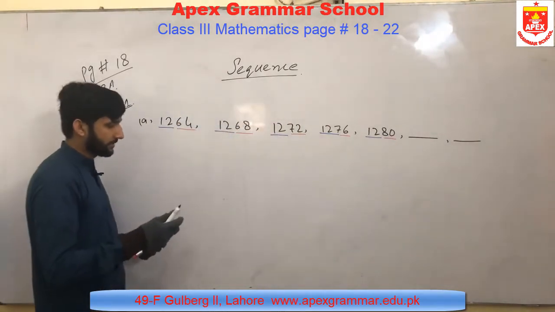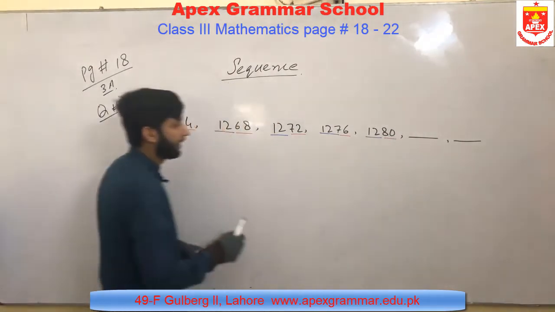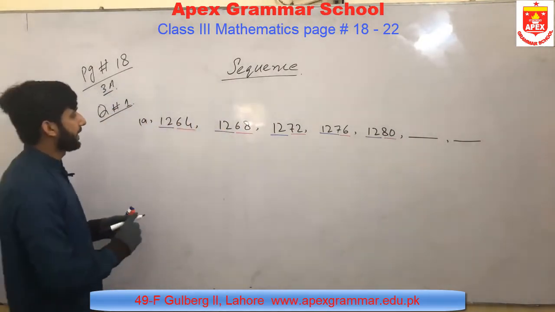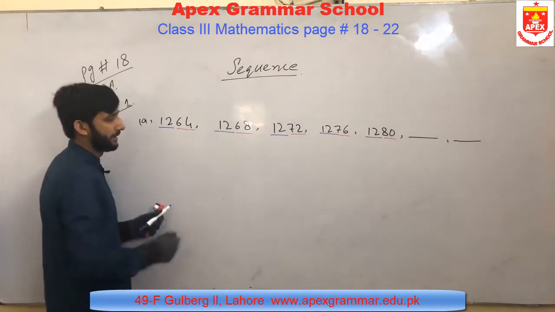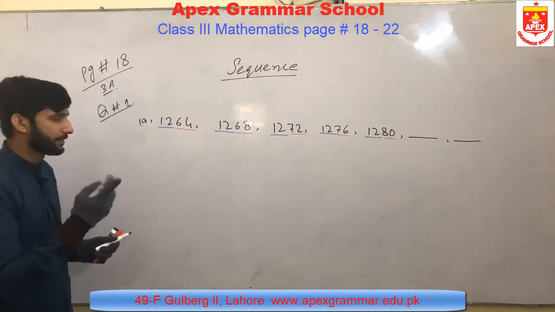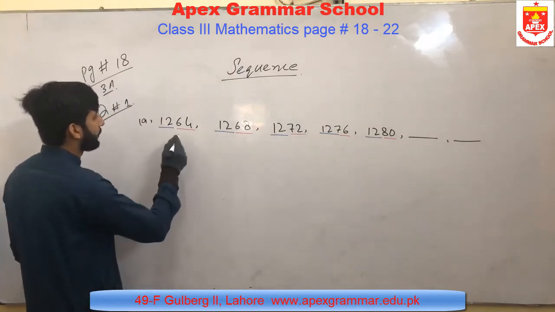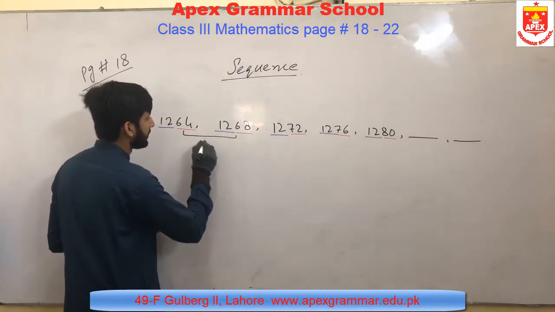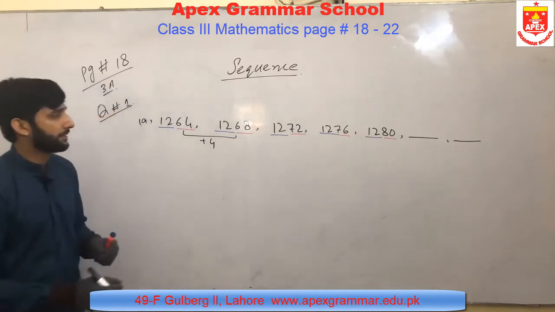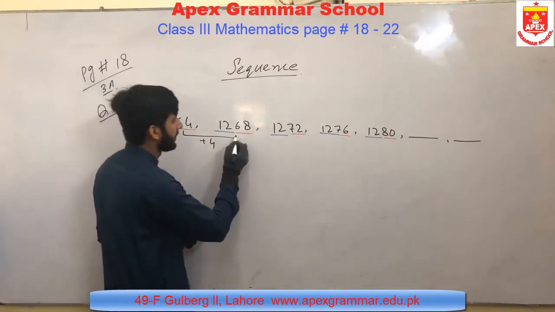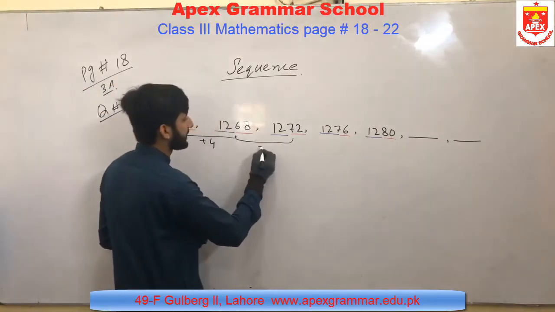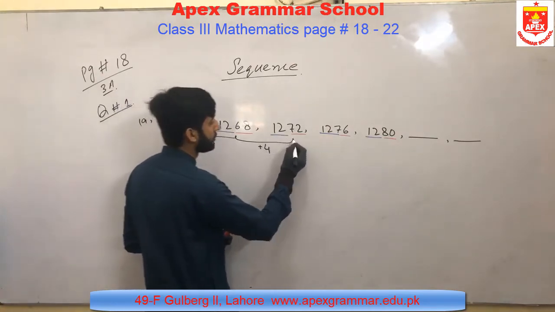So what will be the next number after 1280? If you see 64 and 68, there is a difference of 4. So after adding 4, I get the next number. This is 1268. When I add 4 to 1268, it is 72.